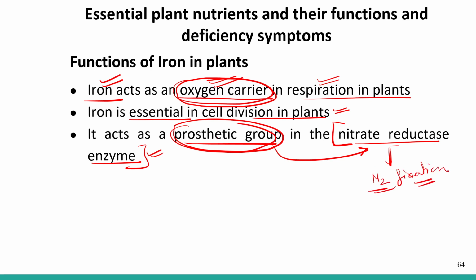So if iron is present in less quantity, this prosthetic group will not be formed, and ultimately it will affect the synthesis of this particular enzyme. So if there is no proper presence of the enzyme, then nitrogen fixation will be affected.